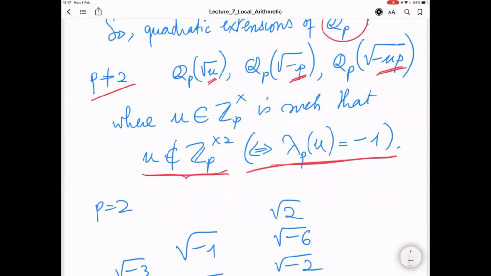Lambda p, remember, is: you first reduce it modulo p and then you see whether it's a square or not. But it amounts to checking whether this unit is a square to begin with, right? Because of Hensel's lemma, being a square modulo p is the same as being a square in the units when p is different from 2.